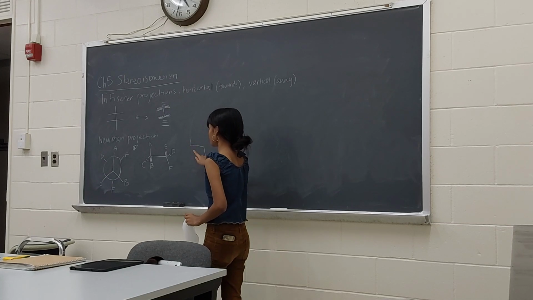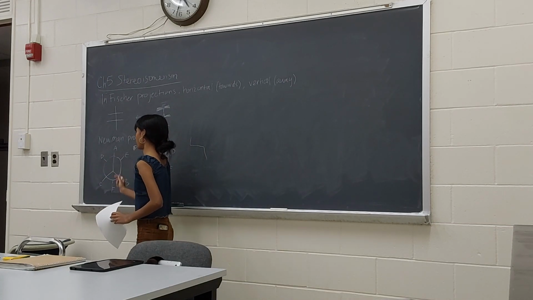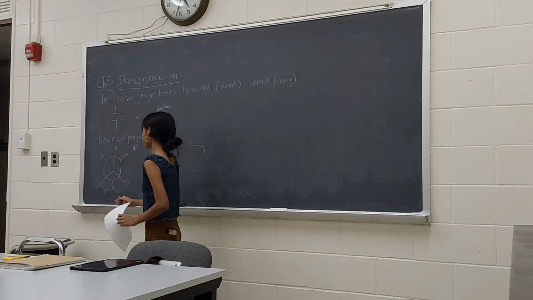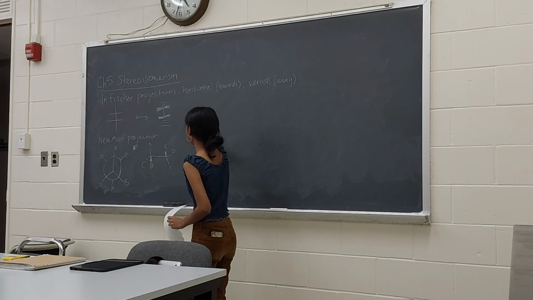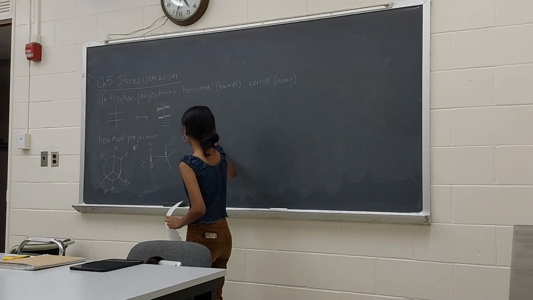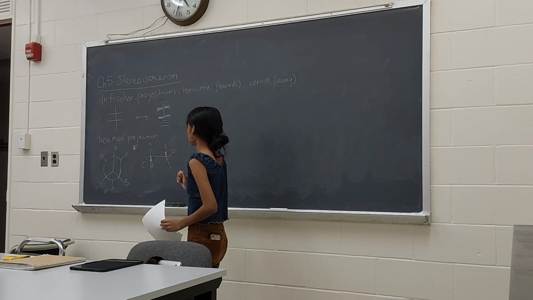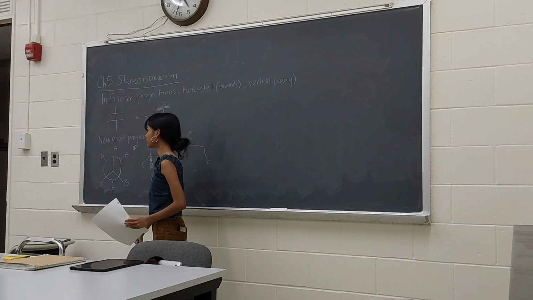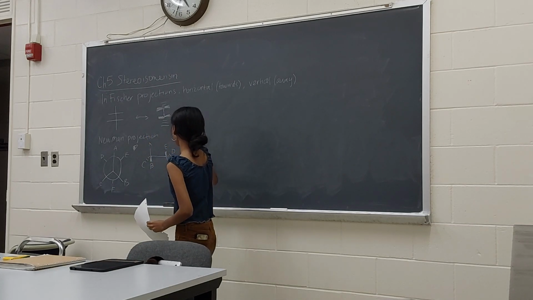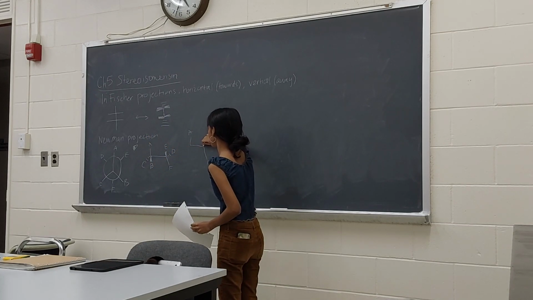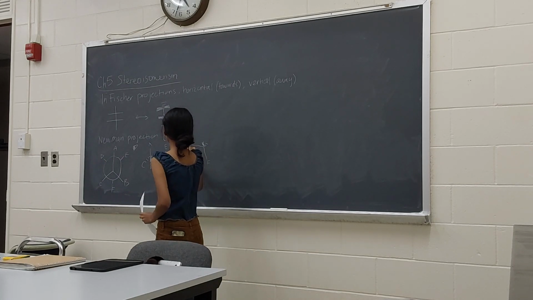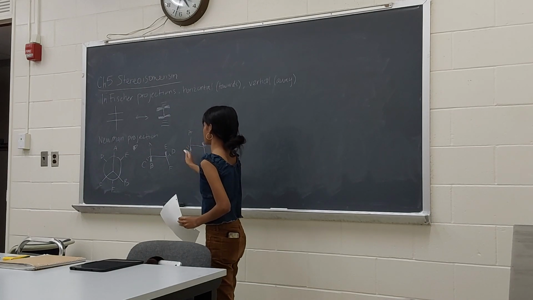And then these two will be the ones pointing straight up and straight down, so A and F. And then each of the corners will have a dash and a wedge. And again, I like putting the dash in between.